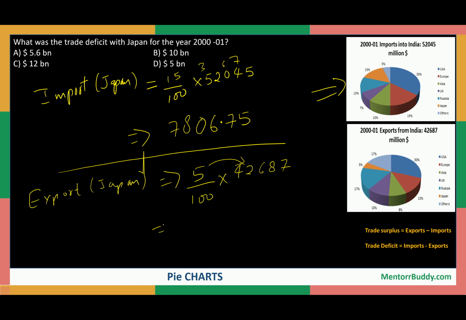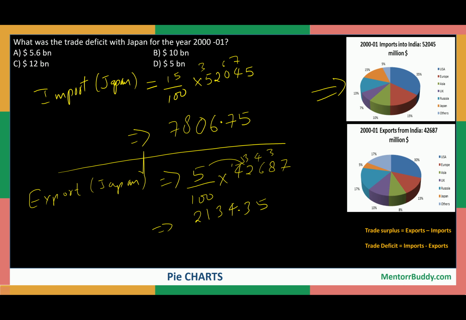So it will become how much? 7 into 5 is 35, carry 3, 8 into 5 is 40 and 3 is 43, so 4 is the carry, 6 into 5 is 30 and 4 is 34, carry 3, 2 into 5 is 10 and 3 is 13, carry 1, 4 into 5 is 20 and 1 is 21, and divided by 100, so we need to place a decimal point here.